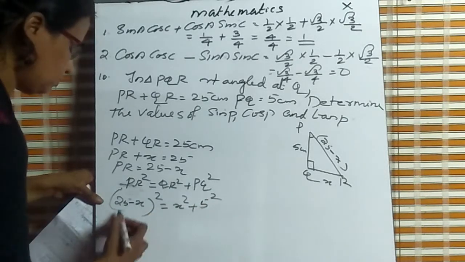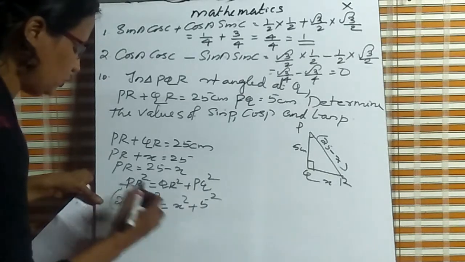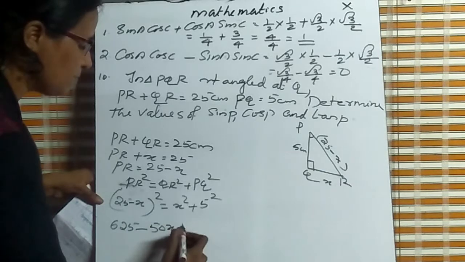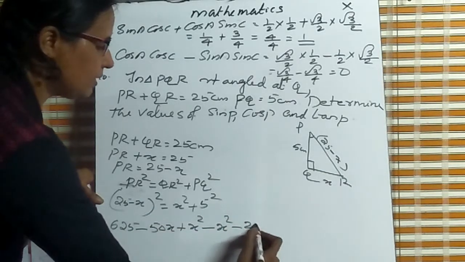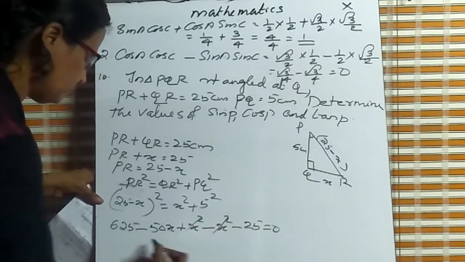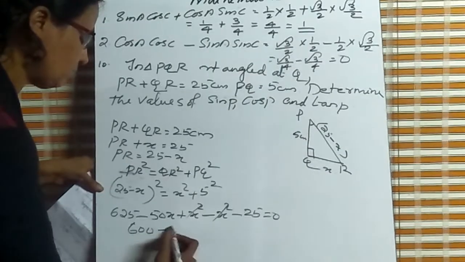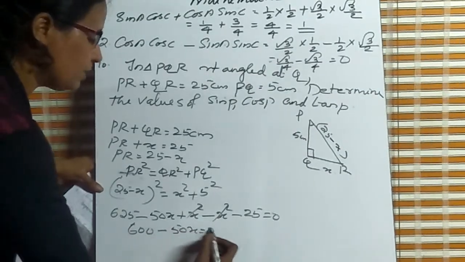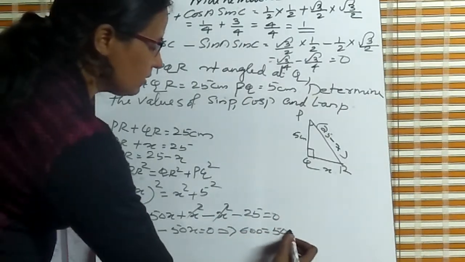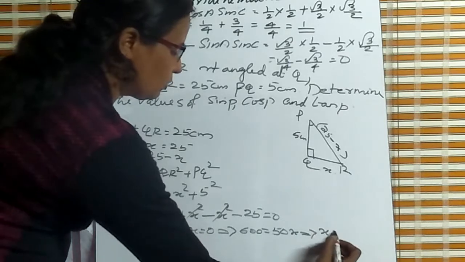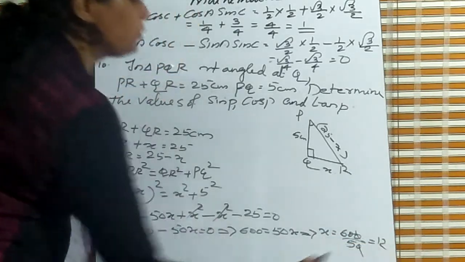Expand this: (A minus B) whole square, A square, 25 square, 625, minus 2AB, 2 into 25 into X, 50X, plus X square. Bring this to this side, X square minus X square, 625 minus 25 is 600, minus 50X is equal to 0, which implies 600 is equal to 50X. X is equal to 600 divided by 50, which is 60 by 5, 12.